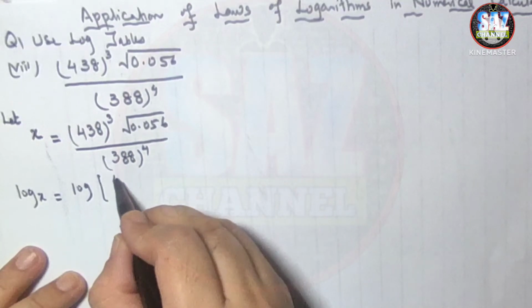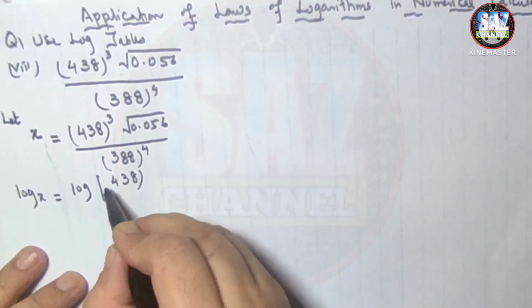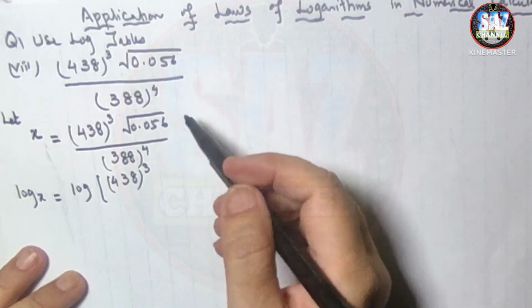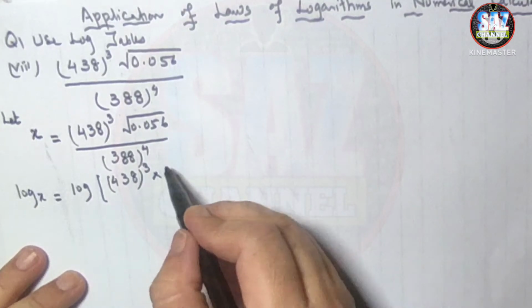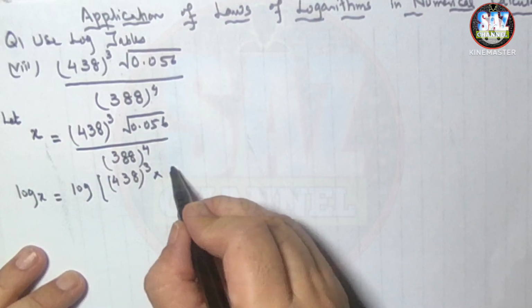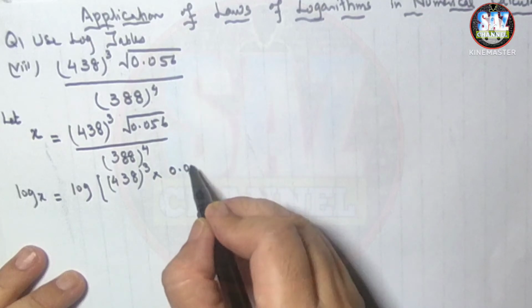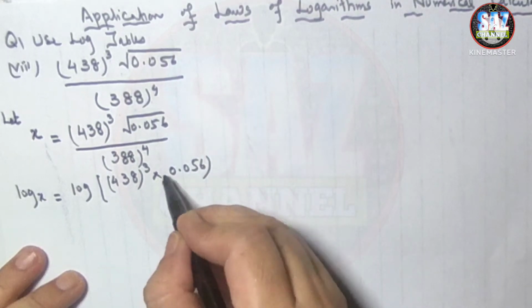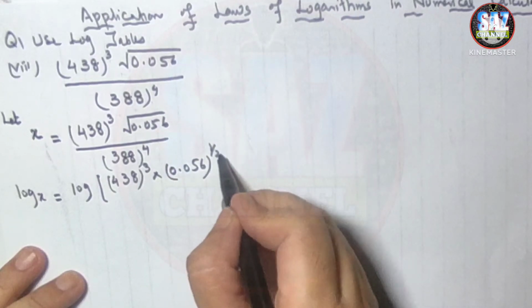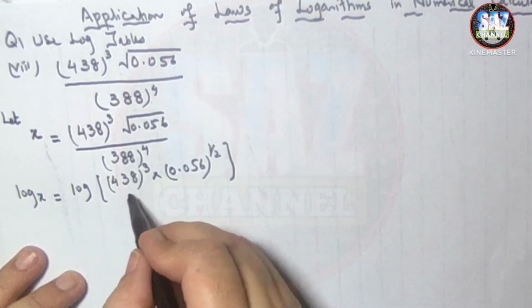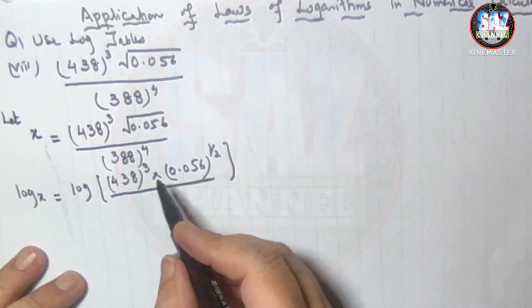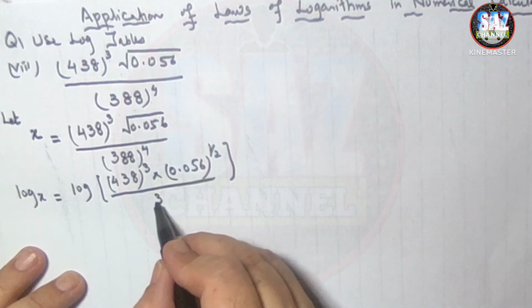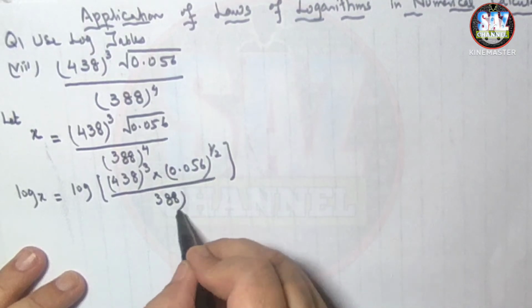Log of 438 cube, I can turn this radical sign into the fractional index, 0.056 raised to power of 1 by 2, divided by, I have to take the log of the whole quantity 388 raised to power of 4.